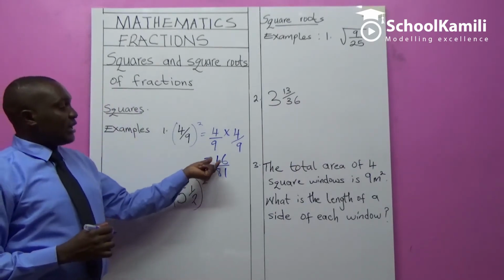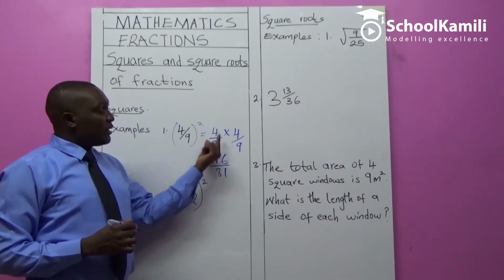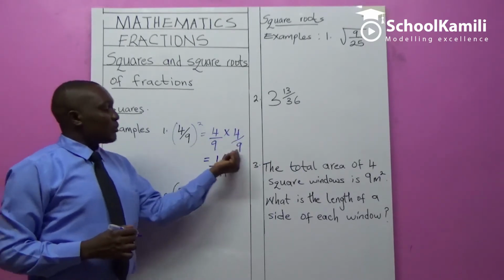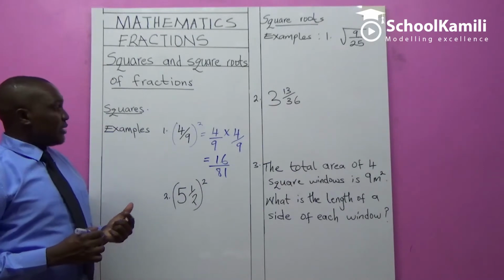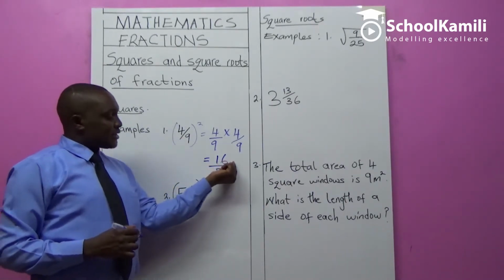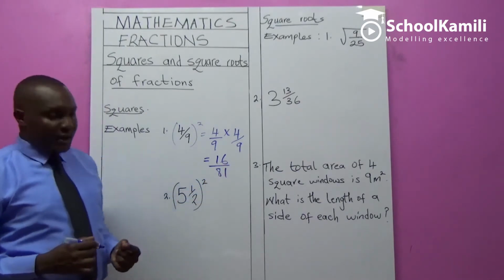In this case, there is no number that you can simplify. That's why we multiply the numerators separately, then the denominators separately. Now we can say the square of 4 over 9 is 16 over 81.